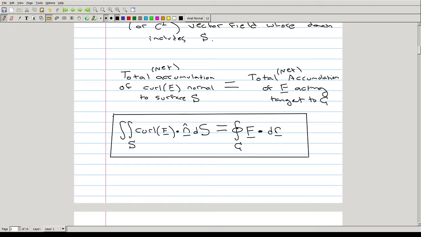But let's see if we can actually prove this for the general case. The proof is a little bit long, but it's worthwhile to go through.